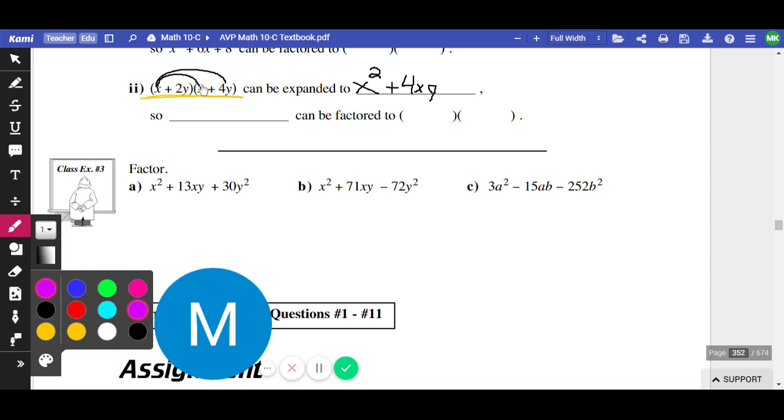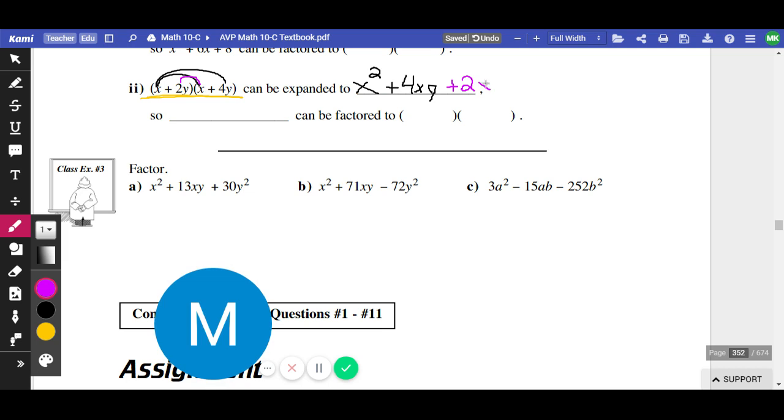Then I distribute my 2y in to get plus 2xy. And then I multiply my 2y by my 4y to get plus 8y squared. Like that.